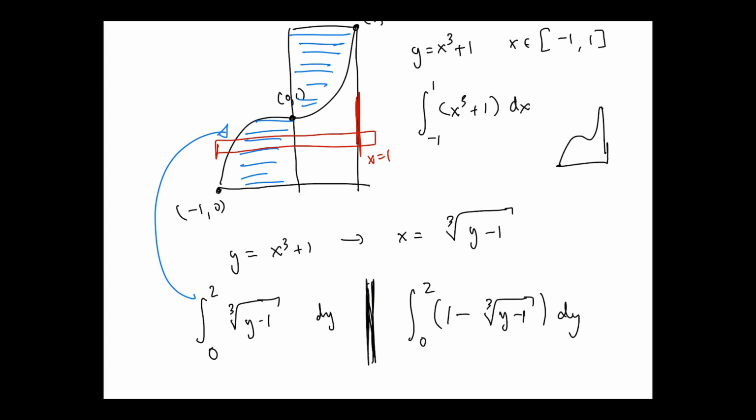So why is 1 minus the cube root actually the width of the slice? How did I know that it should be that? Well, what is the equation of this vertical line at the far right edge of my figure? x equals 1, right? Good. All right, what is the x coordinate along the curve? Well, it's given by the cube root of y minus 1. And what do I want? I want the distance between those. When I do this vertically, I do the top thing minus the bottom thing, right?